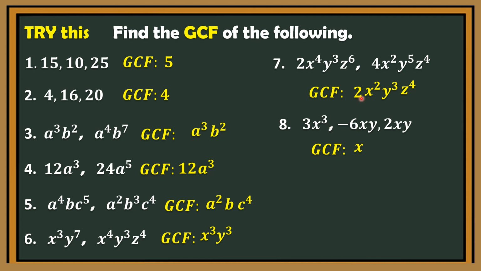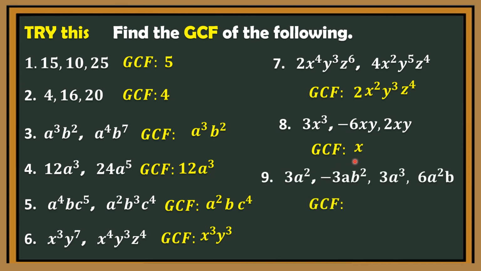X. Because the exponent of x here is 1 and this is the least exponent of x. How about y? Is it common? Y is not common to each term. Therefore, no need to get the greatest common factor. So, for these terms, the greatest common factor is only x.